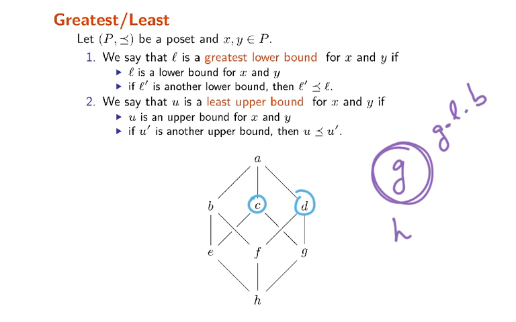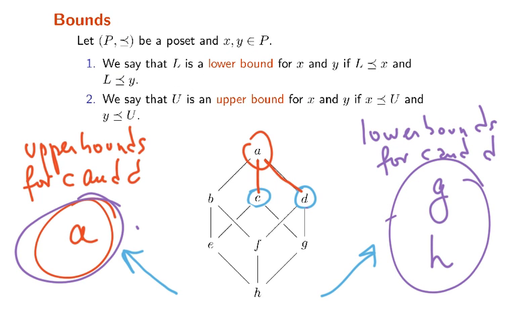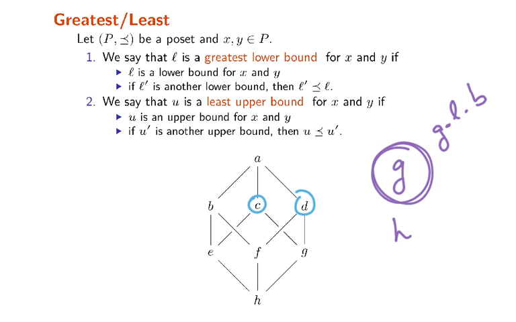And in case of the least upper bound, remember that the only upper bound was A. Well, the least of the upper bounds is going to be A because it's the only one that we have.